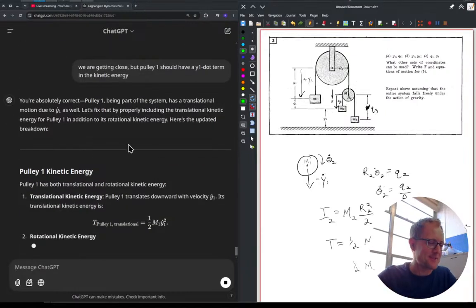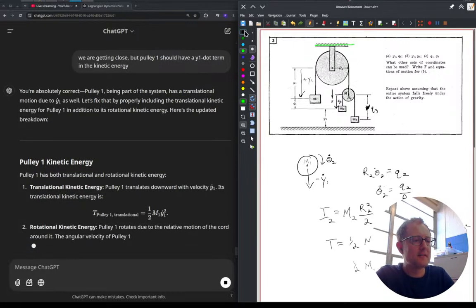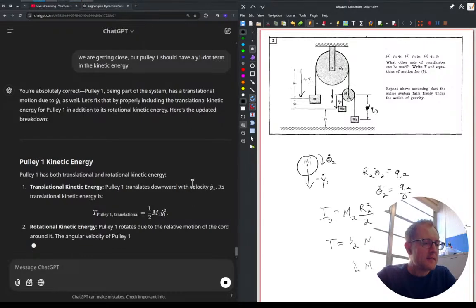Yes, thank you, ChatGPT. Wait, pulley 1 translation? I don't want translation. I only want the kinetic energy. I think it thinks this is not a fixed... I don't know why it thinks that's not in a fixed location. But it's not considering the rotational energy, it's only considering translational.